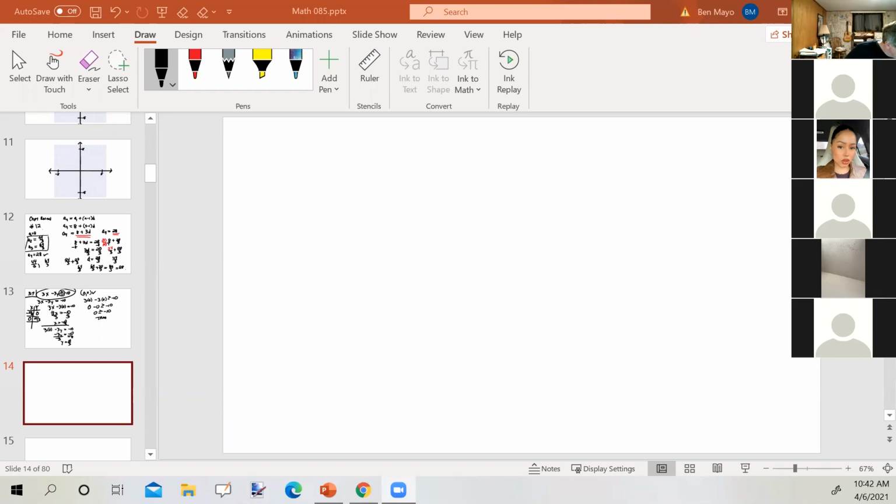Okay, let's see here. Here's one that has a fraction in it. It says y is greater than -2/3 x plus 2. Would that one be okay?